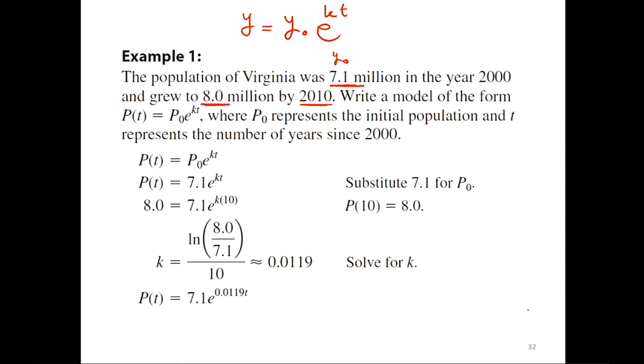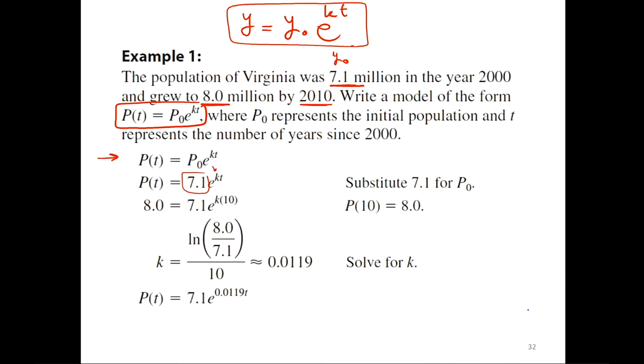Now write the model in the form where y naught represents the initial population, 7.1 million in the year 2000. So this is the initial value, and we need to find the k.